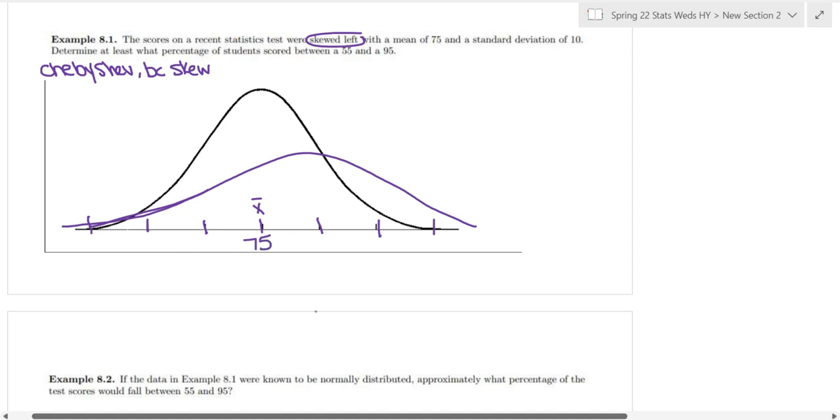And then it says a standard deviation of 10. So the average score was 75, give or take 10 points. What that looks like is this: 10 points to the left would be 65, and to the right would be 85. Another 10 points would be 55 and 95, and another 10 points would be 45 and 105.